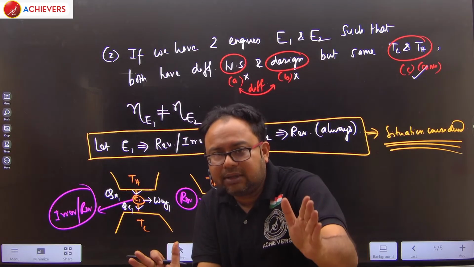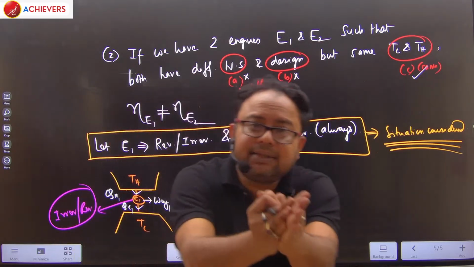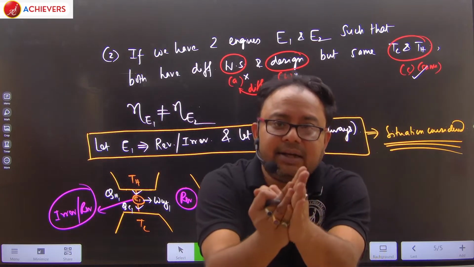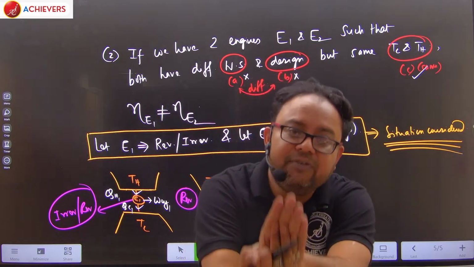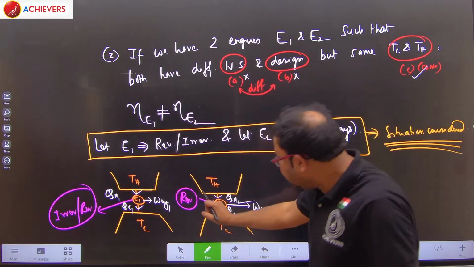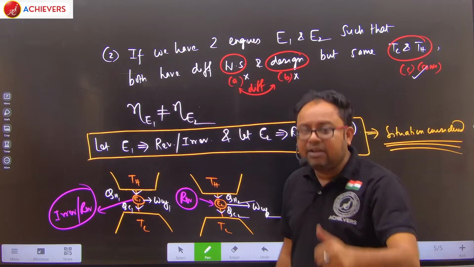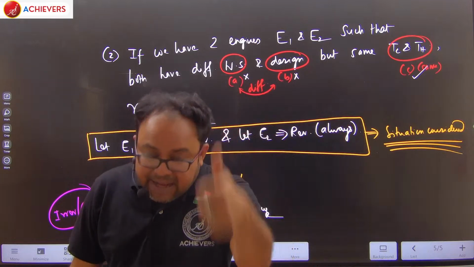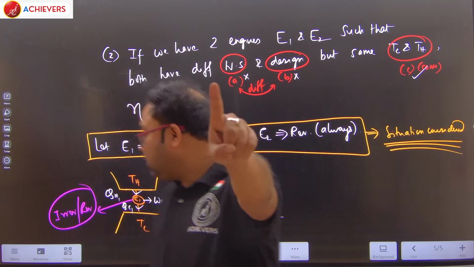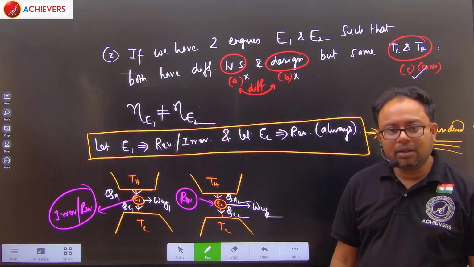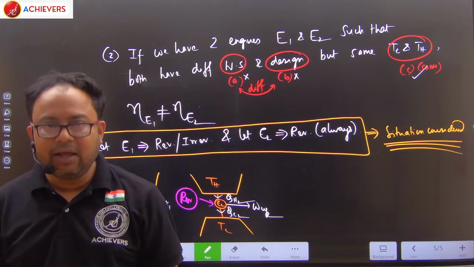This is known to us. If we want to invert an engine into a refrigerator, the condition necessary to be satisfied is that the engine has to be reversible in nature. Since E2 is reversible, it can always be inverted into a refrigerator.